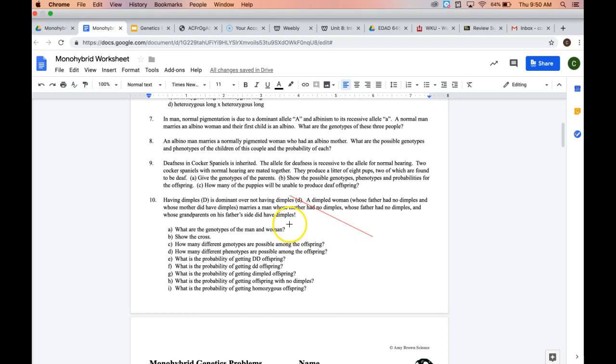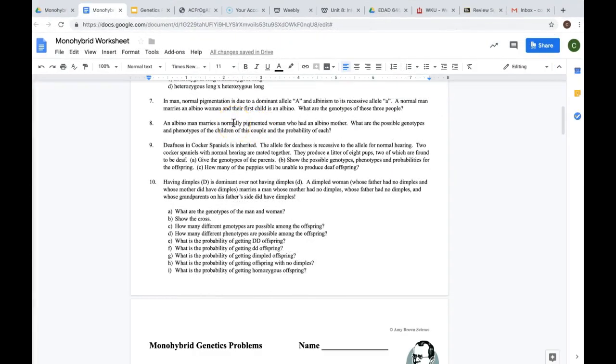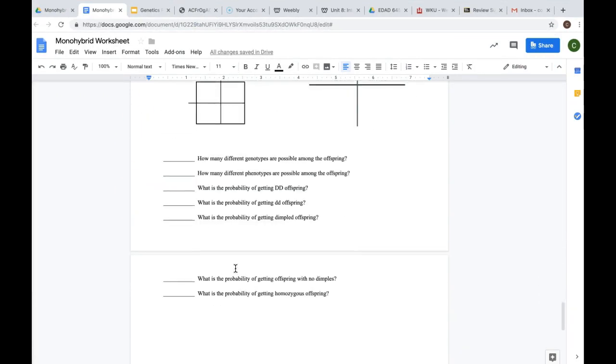All right, so again, you can go back and look at what you had, but the phenotypes are there we go. Sorry. I'm all messed up here.